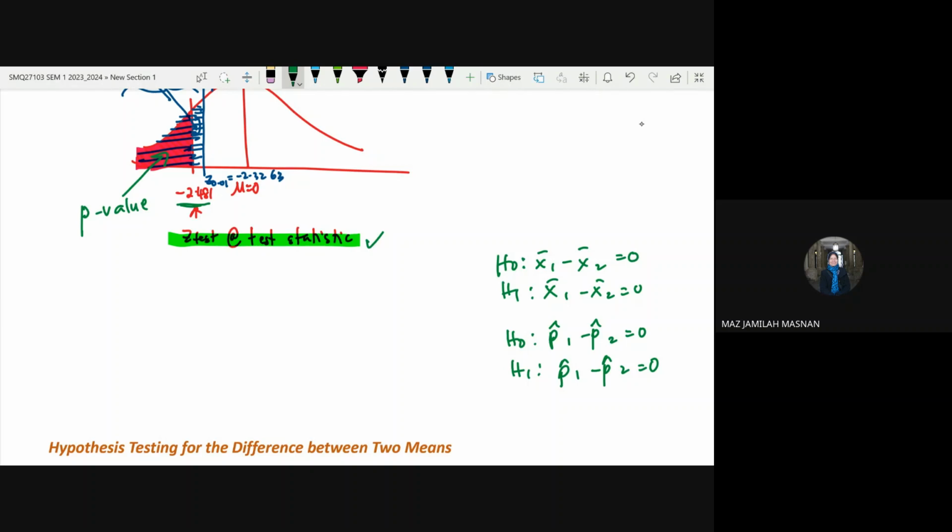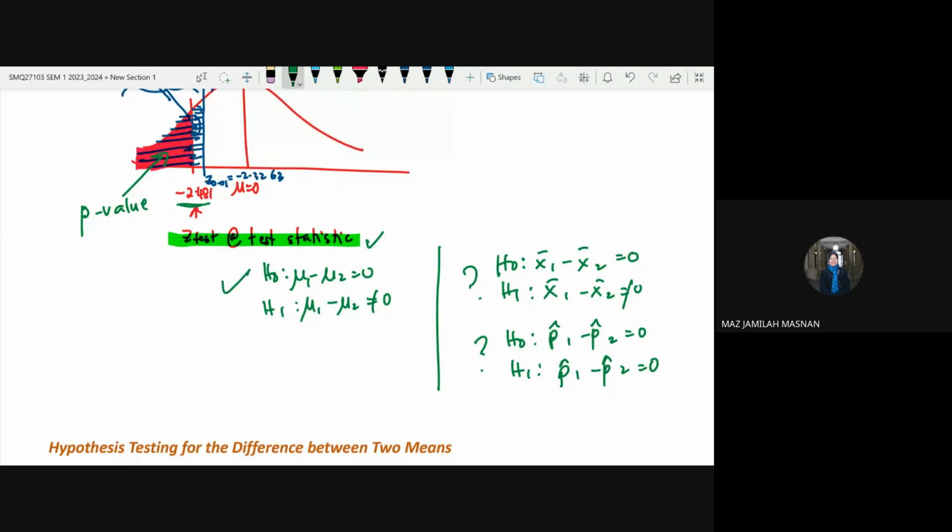Why is this one not being used in our notation of the null and alternative statement? Can someone answer me, class? Instead, we are using null mu1 minus mu2 equal to 0, alternative mu1 minus mu2 not equal to 0, for example.